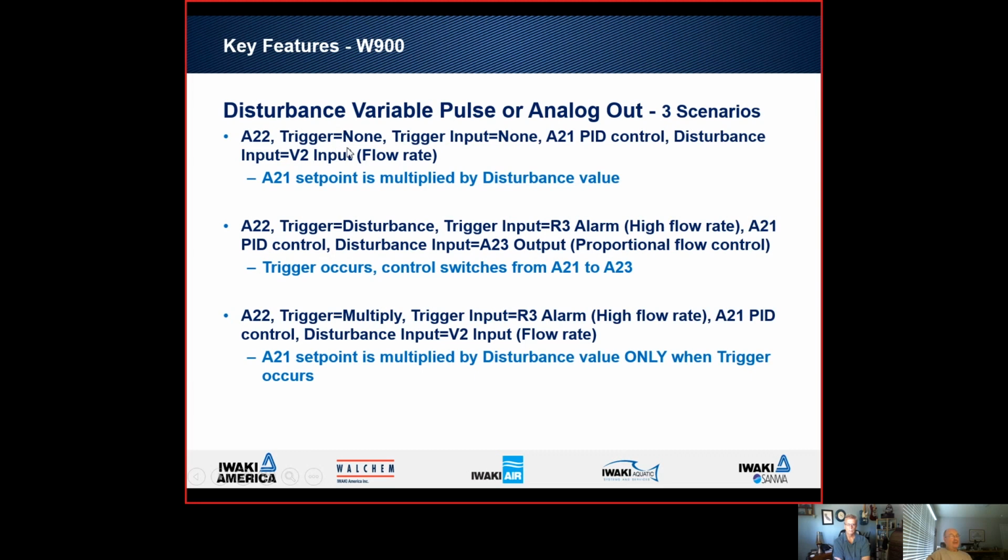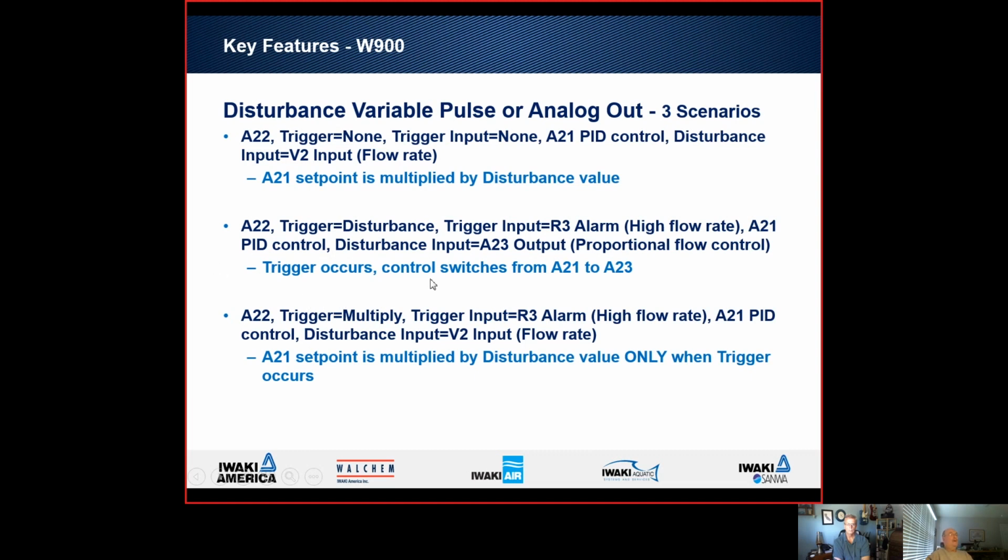So with the trigger set to none, our A21 set point is simply multiplied by the disturbance value. And if our flow rate increases, the percent output going to the pump will increase based upon the magnitude of the disturbance value.